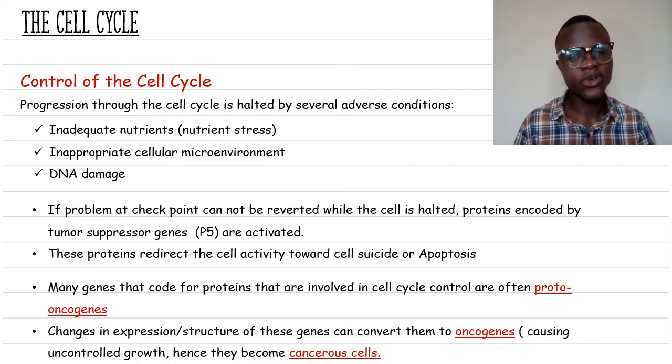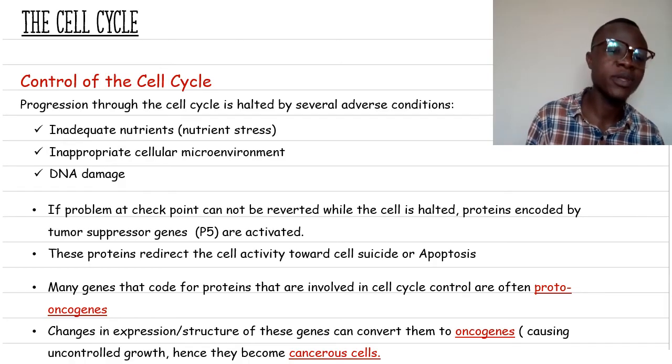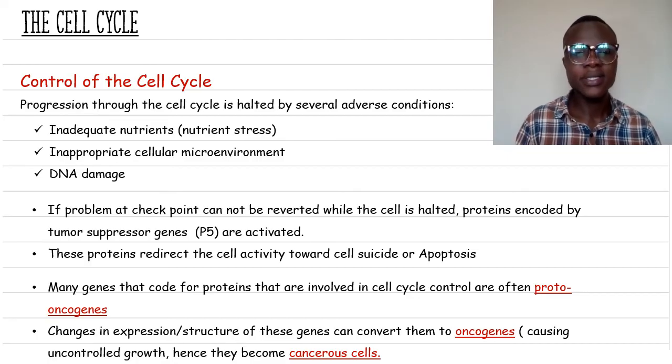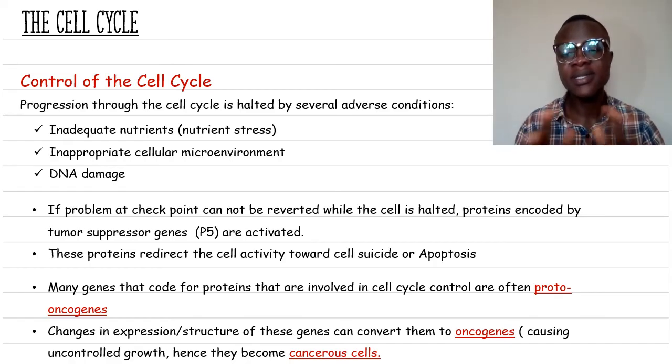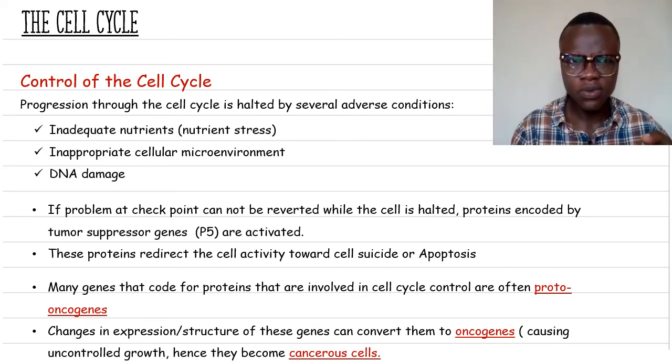If there are no nutrients, the cell cycle will be restricted. If the environment is inappropriate, the cell cycle is also affected. And lastly, if the DNA is damaged, the cell cycle will be prevented from progressing to the next stage.